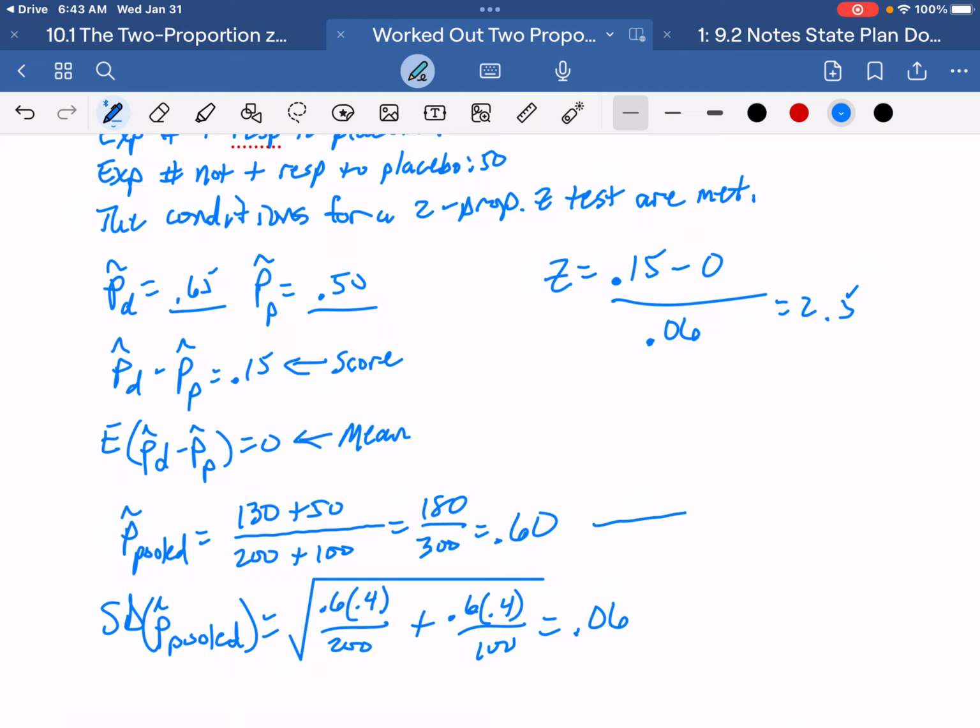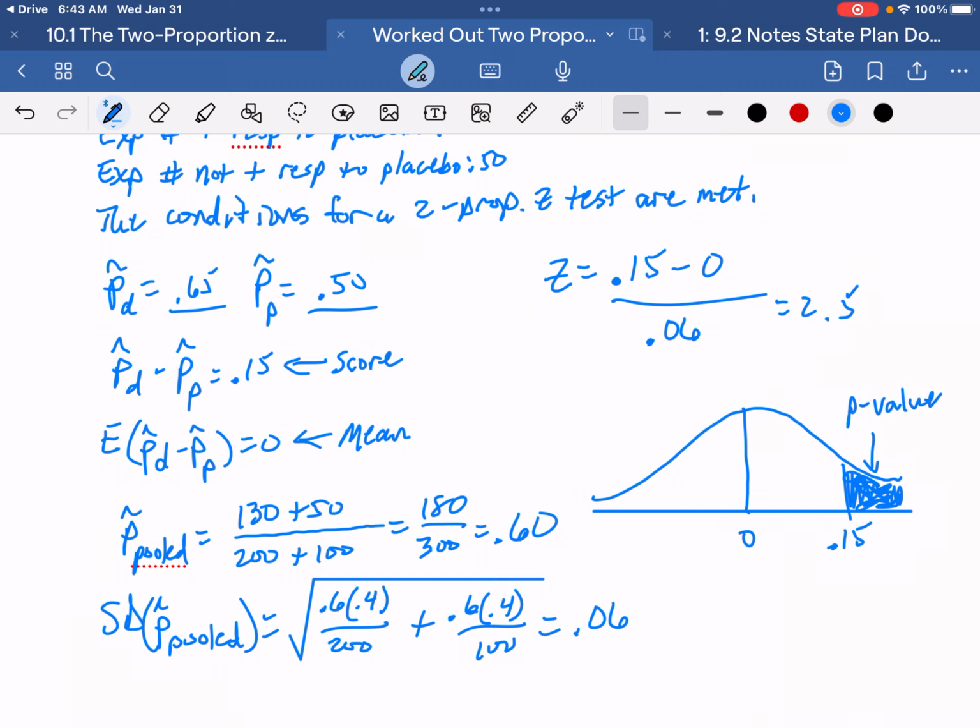Now you draw your normal curve, and just like any other time you draw a normal curve, you label the middle with the mean, which is 0. Then you put your score, in this case 15%, where it roughly is, and you shade the wing that matches your alternative. Our alternative is greater than. So we're looking for that p-value.